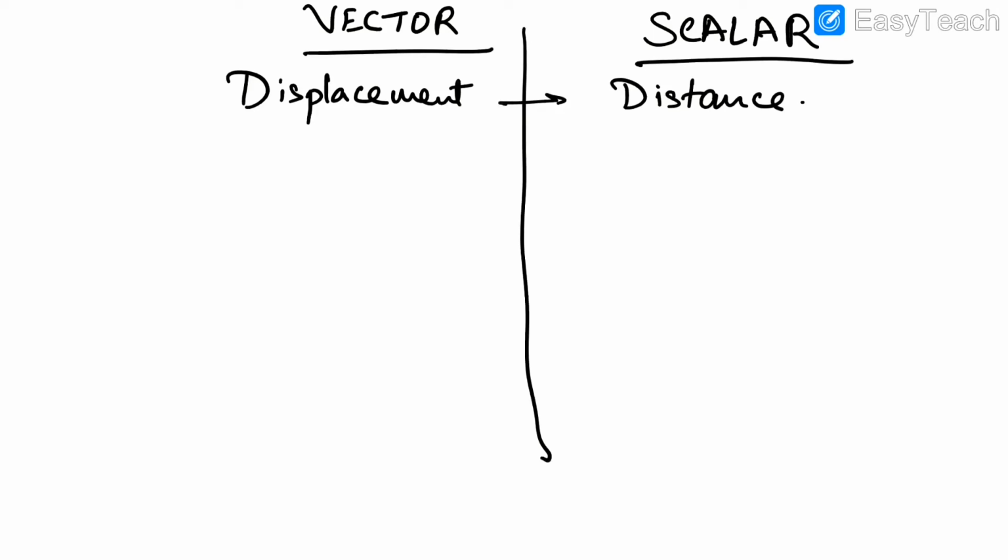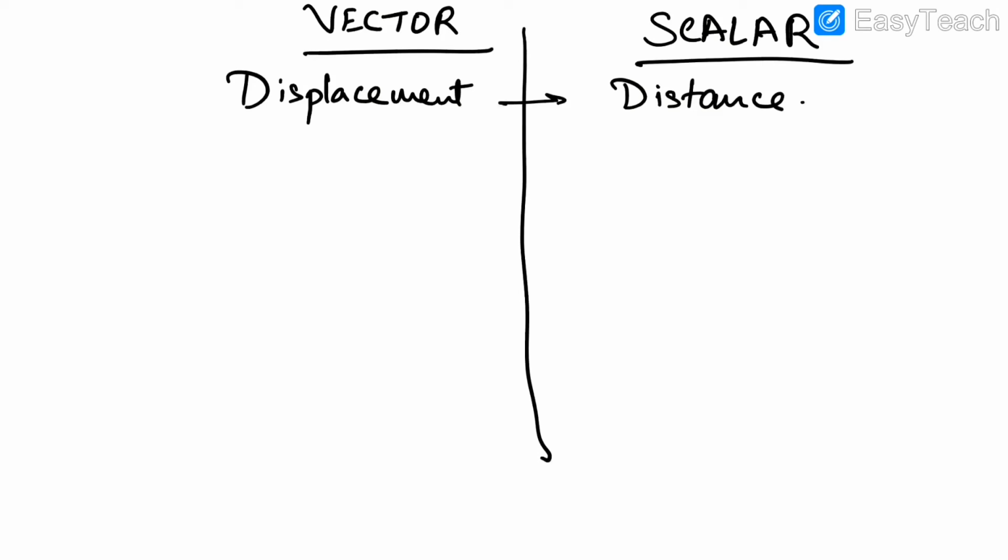Not exactly the same, though. The magnitudes only become the same when something is moving in a straight line. In a zigzag fashion, the magnitudes of displacement and distance are not the same. In the very first problem that I took in this lecture, if you go in a zigzag way, the magnitude of displacement and distance are largely different.